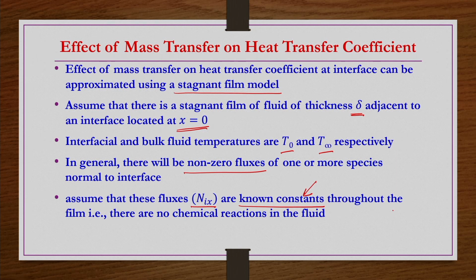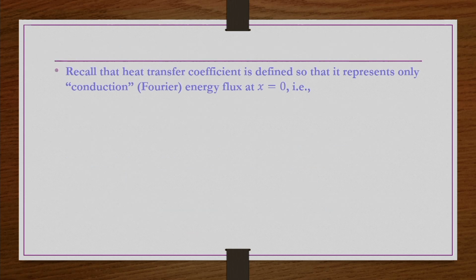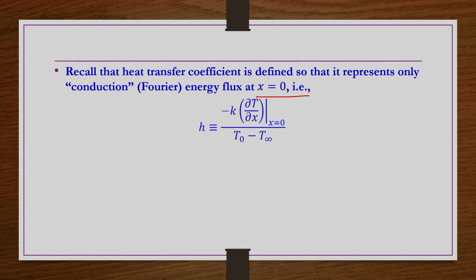Throughout the film, there are no chemical reactions in the fluid. Recall that the heat transfer coefficient is defined so that it represents only the conduction Fourier energy flux at x equals 0, that is minus k dou T by dou x at x equals 0, divided by T naught minus T infinity. That is nothing but the heat transfer coefficient.